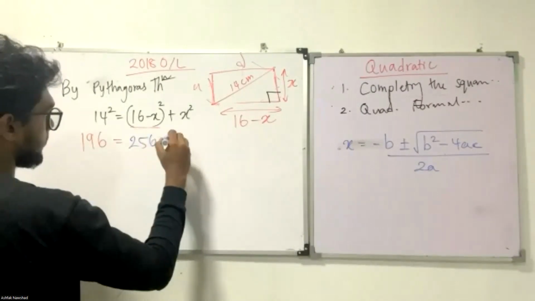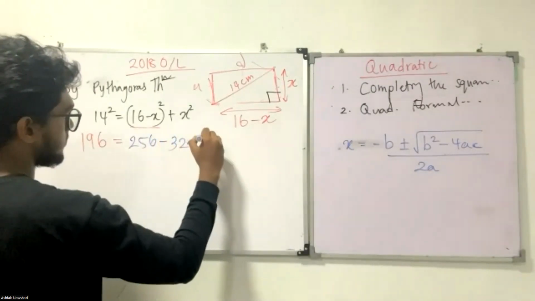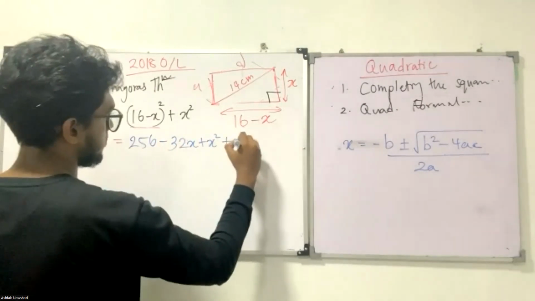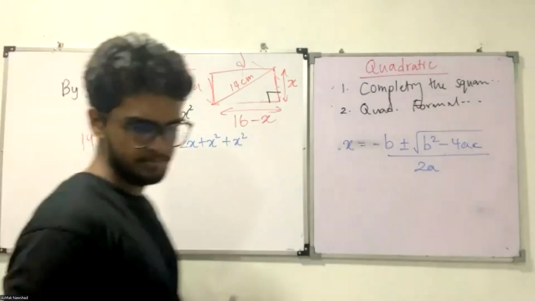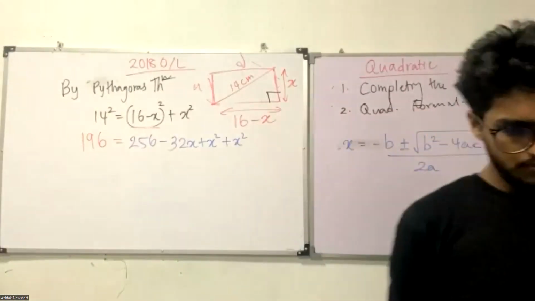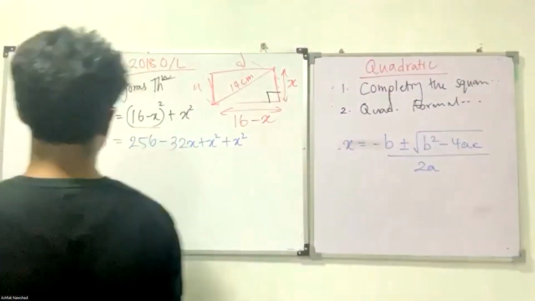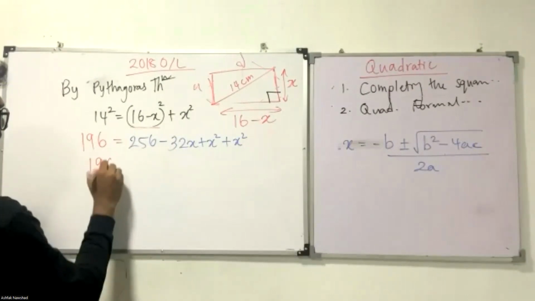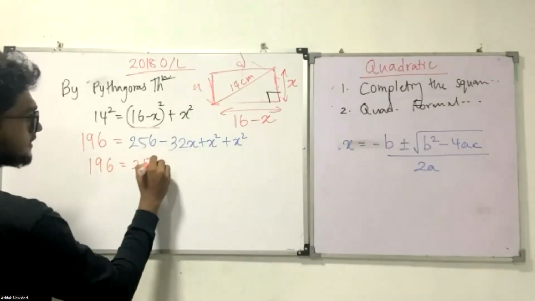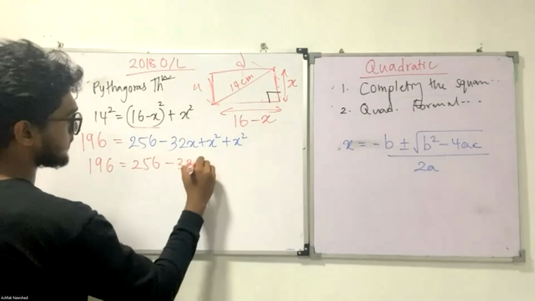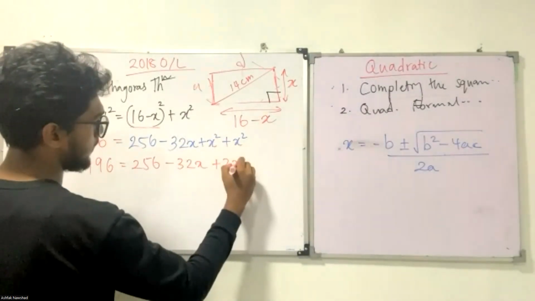Exactly, 256 minus 32x plus x squared plus x squared. Good. Now let's simplify. 196 equals 256 minus 32x plus 2x squared.